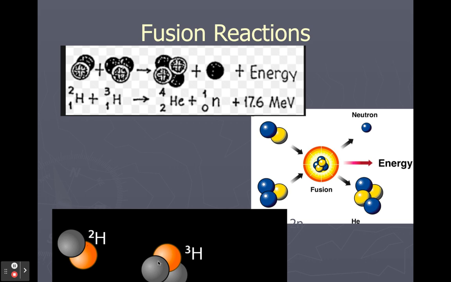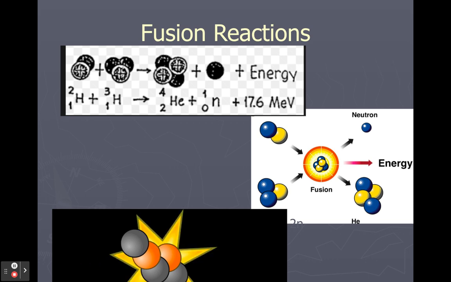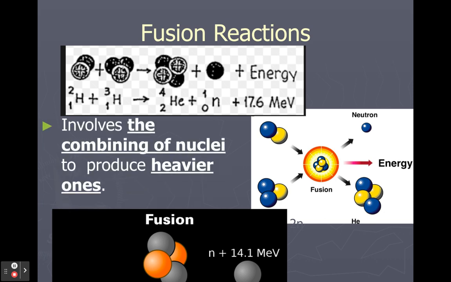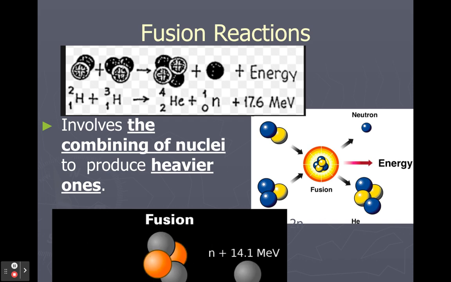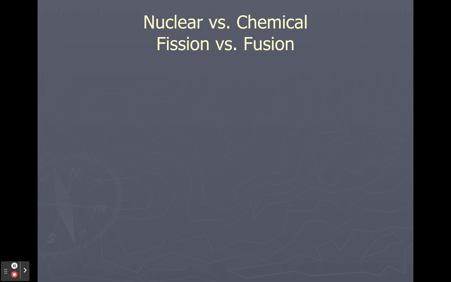The sun gives off a lot of energy as this fusion is occurring. Again, the combining of small nuclei, usually hydrogens, to produce slightly heavier ones like helium. So fission and fusion, they sound very similar.